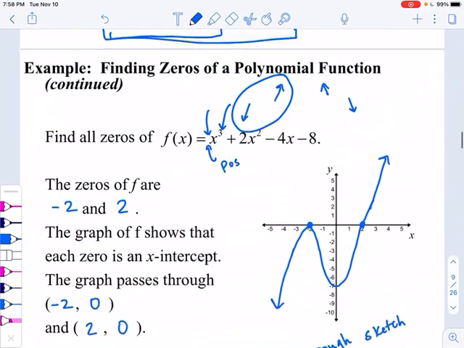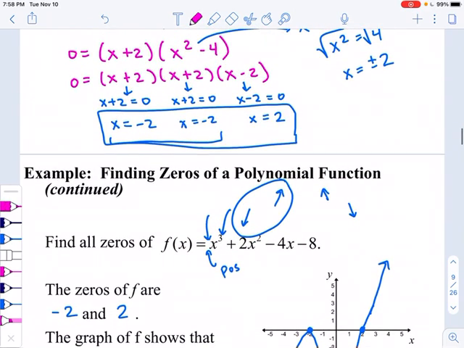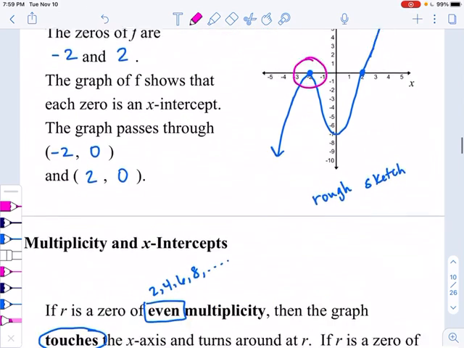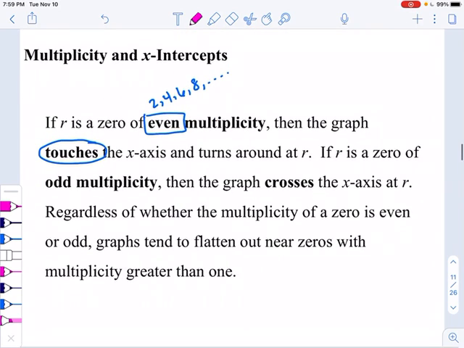Now, if I go back up here, remember what we said about this negative 2. How many of those did we have? We ended up with 2 answers that gave us negative 2. And what happened at that negative 2? Do you see how that graph goes up and it touches and it turns back around? That's what they're talking about here with that multiplicity. So if it has an even multiplicity, it's going to touch the x-axis and turn back around.